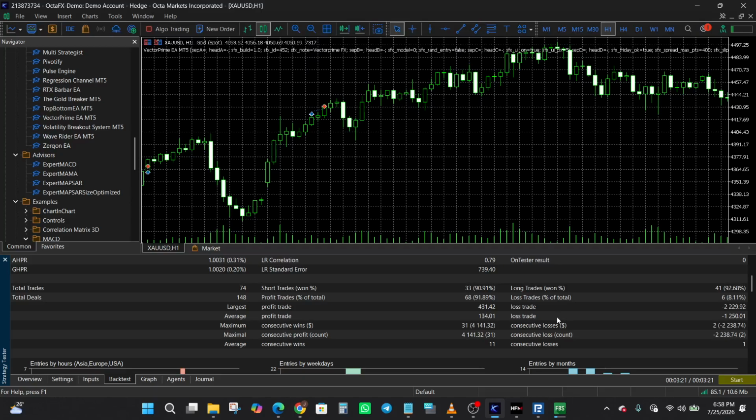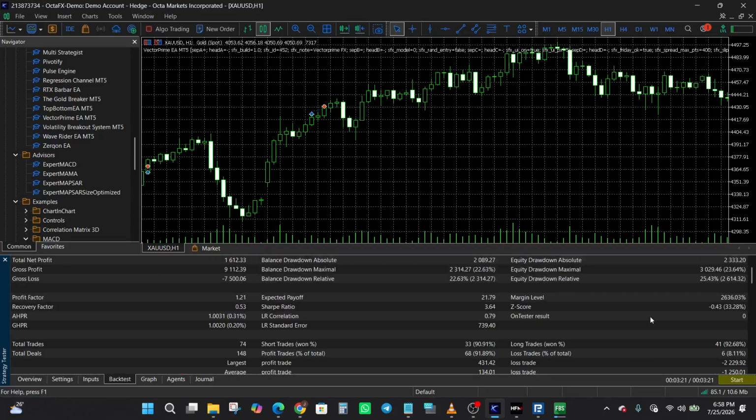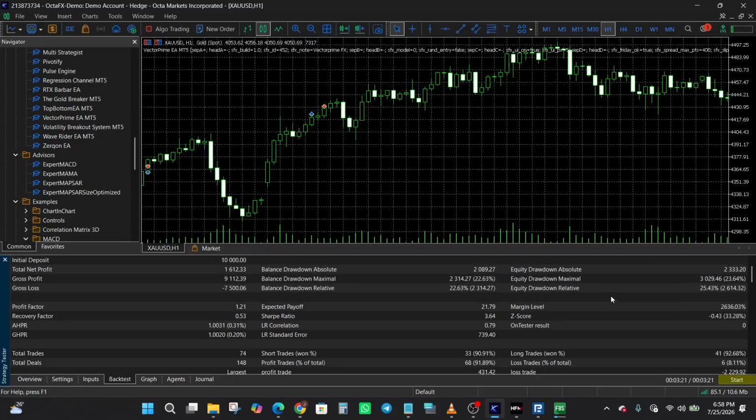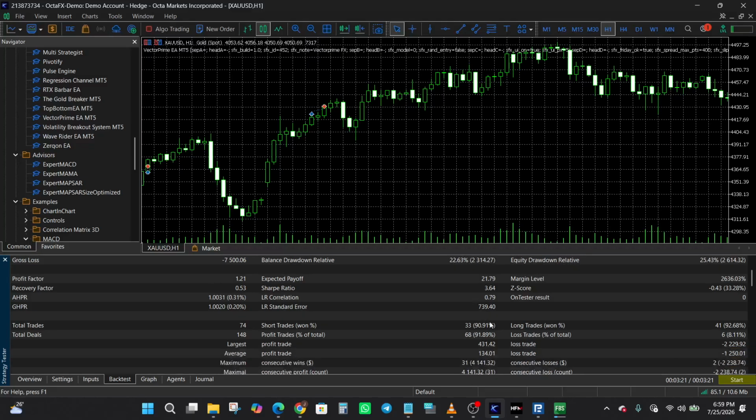That's a meaningful asymmetry between typical wins and the occasional larger loss. And it is part of why the drawdown here is above 22%, even with such a strong win rate. It is also part of why the profit factor at 1.21 is more modest than the win rate alone might suggest.